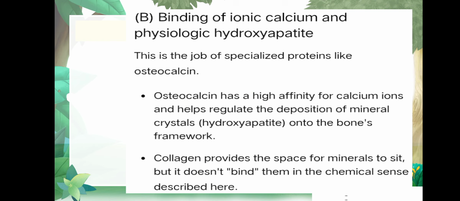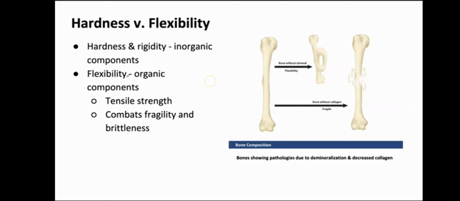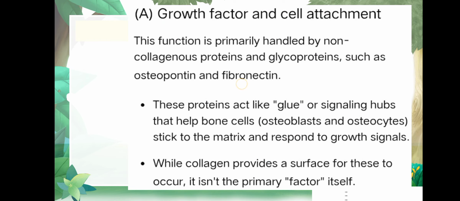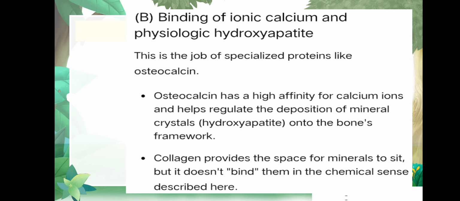Coming to option B, binding of ionic calcium and physiologic hydroxyapatite. This is the job of specialized proteins like osteocalcin and not of the collagen, isn't it? You see the question, the collagenous protein in bone subserves which of the following? They have asked the function of the collagen protein. In option B it says binding of ionic calcium and physiological hydroxyapatite.